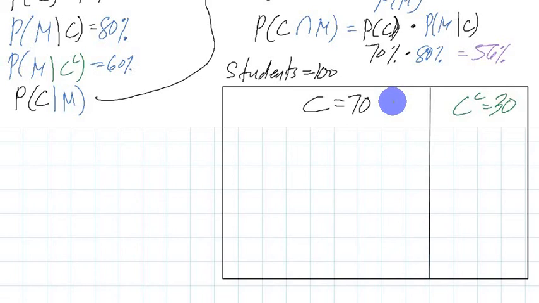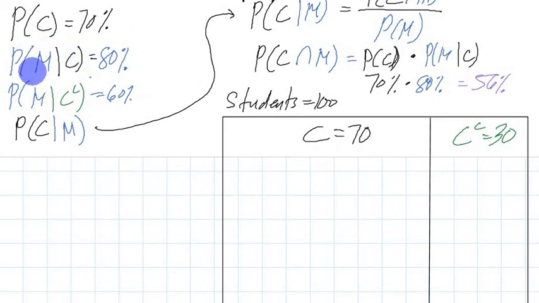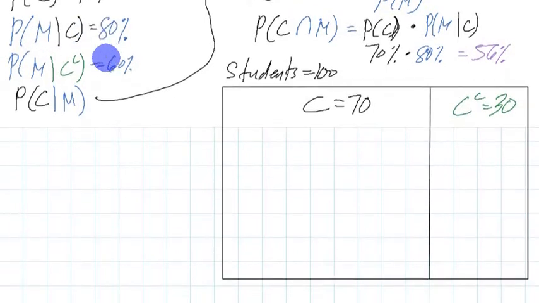Because if 70% carry phones, 30% do not carry phones. Now, the probability that these students carry an MP3 player provided they carry a cell phone is 80%. That meant 80% of this carries an MP3 player. And we already know that 80% of 70% is 56%. So let's have a 56% here.